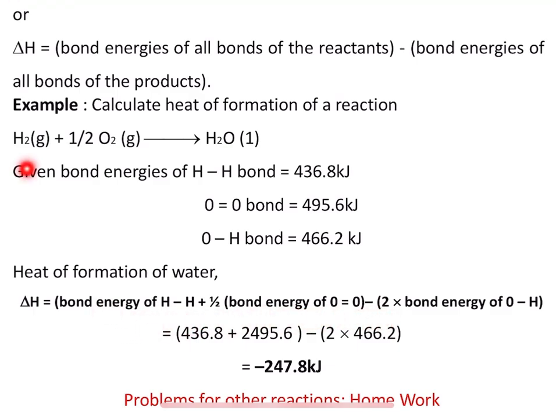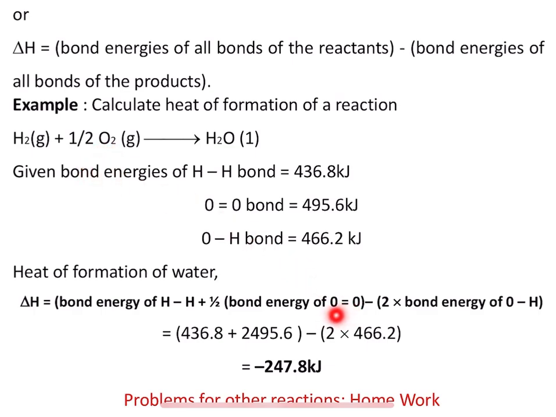If you observe the reaction, this is what is defined: delta H is equal to the bond energies of all bonds of the reactants. That is why the reactants are H2, hydrogen bonding, and O2, so half O2. Even though it is half O2, two atoms of oxygen are there, so definitely the two atoms of oxygen will be bonded with a double bond.